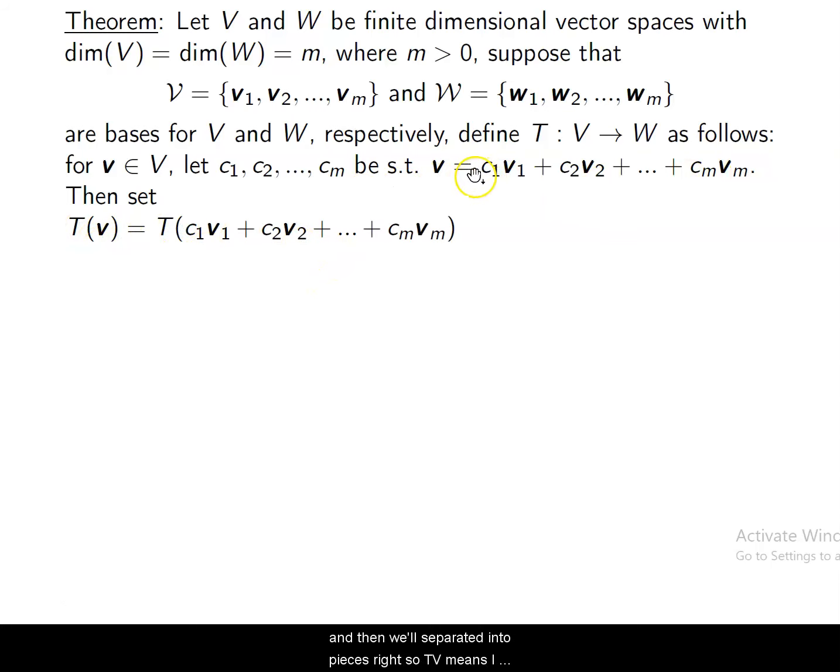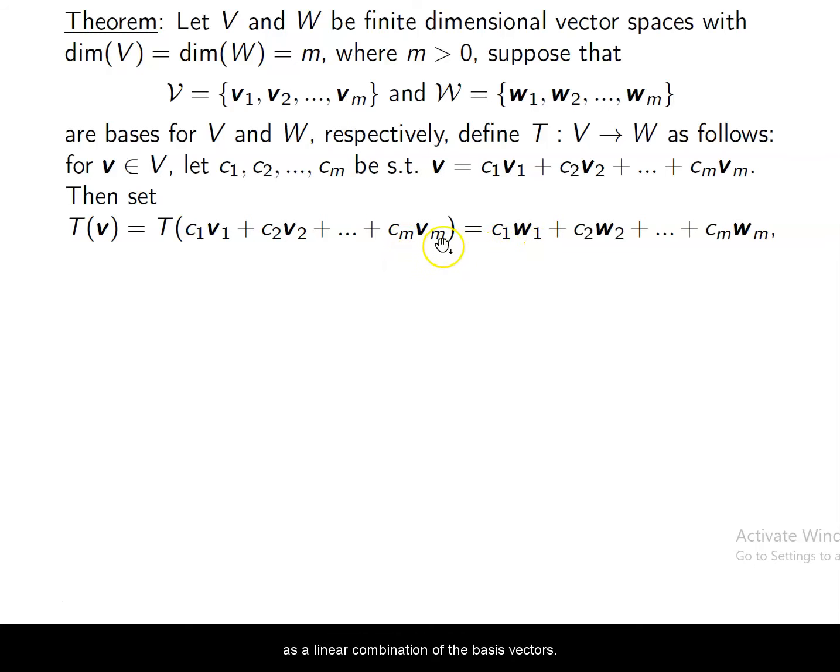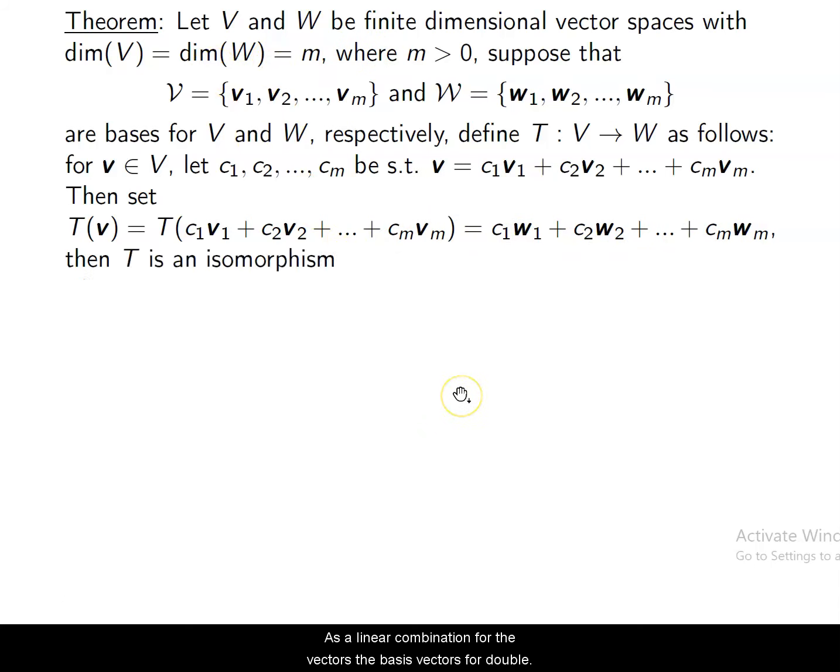So T of V means I transform the linear combination that makes it up of basis vectors. And that's going to be the same thing as a linear combination of the basis vectors using the exact same coefficients, right, or coordinate points that I use to make up the linear combination of basis vectors in V. It'll be the exact same constants as a linear combination for the basis vectors for W, right?